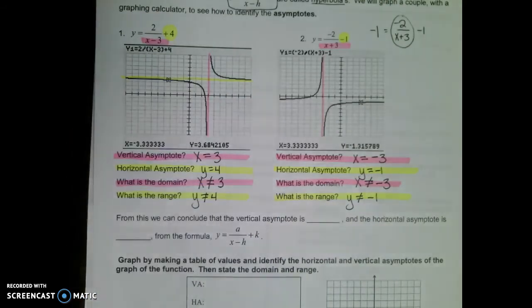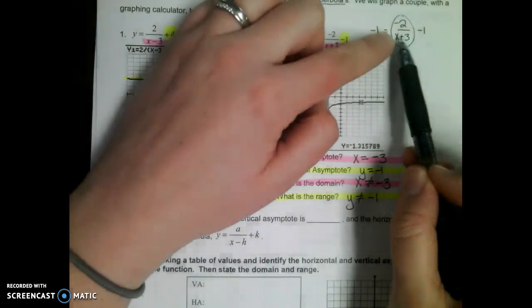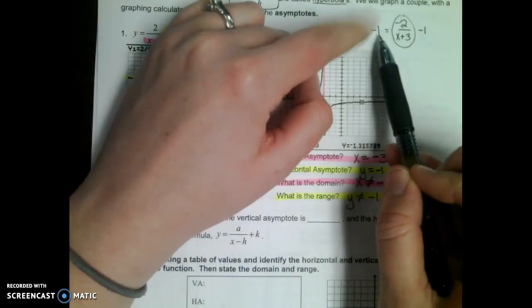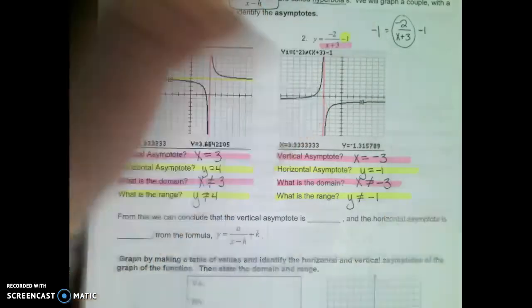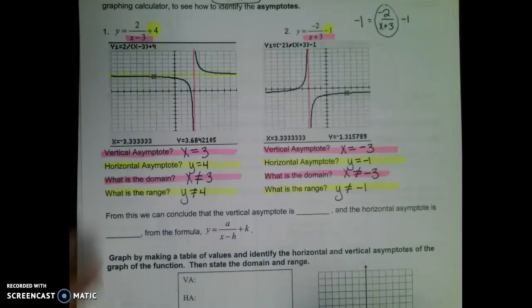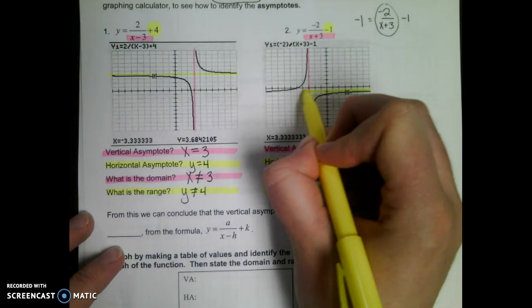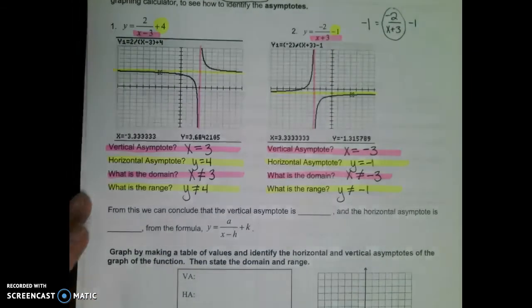But we don't have 0 on the top of the fraction, we have negative 2. So there's no way to make that fraction equal to 0. There's no way that the right side and the left side can be equal if our y value is negative 1. That's why that horizontal asymptote appears. It's probably something that you won't remember, but at least I've told you, so that makes it better or something.